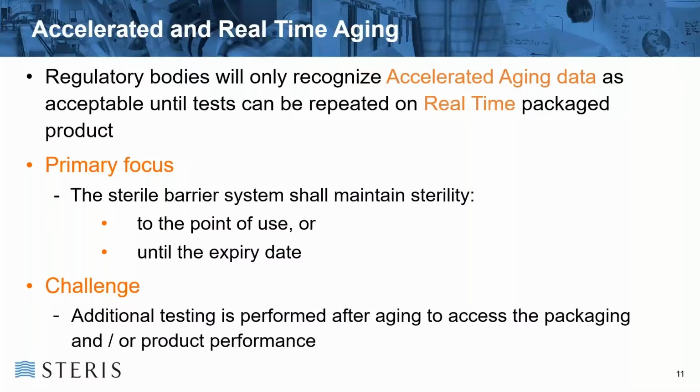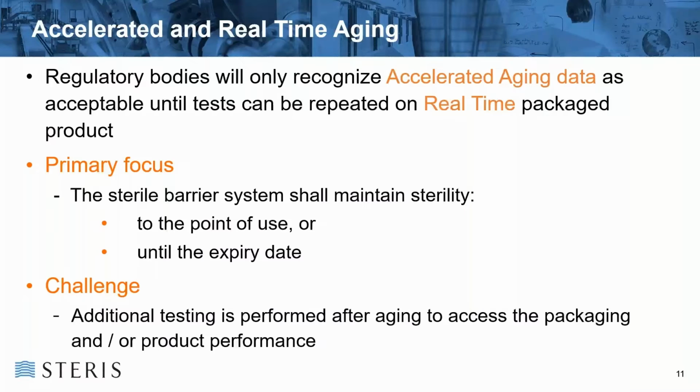But you must follow that up with the real-time package product data, and the outcome of the integrity and seal strength tests on that. Again, the primary focus here is on the sterile barrier system, to make sure that it will maintain its sterility to the point of use or until the expiry date.